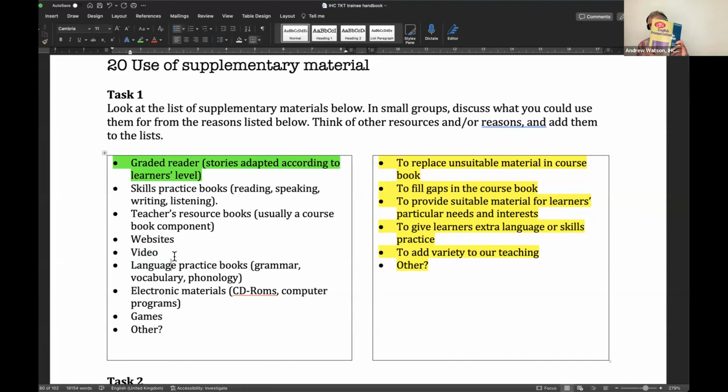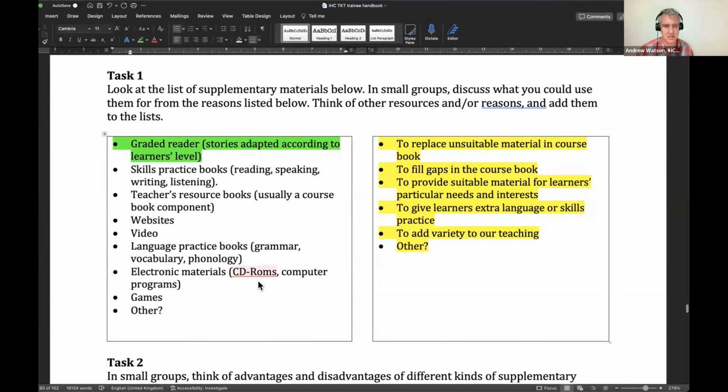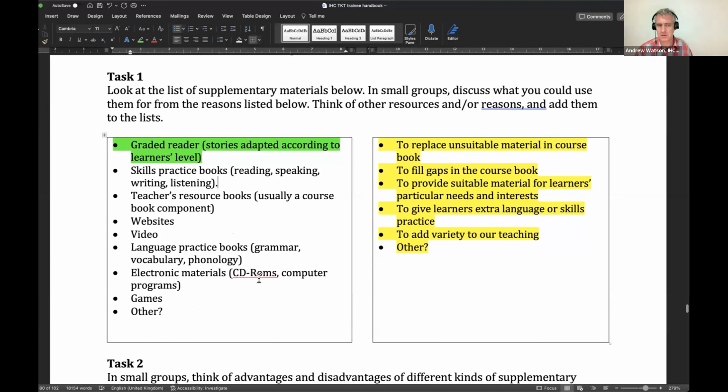There's another language practice book, English Pronunciation in Use. And then you've got electronic materials like CD-ROMs and computer programs, games and other. Okay, but what would be the reasons for using them? So I'm going to give you about 3 or 4 minutes, Paula and Christian. Unfortunately, Anna Maria has left us, to try and think about what the reasons would be for using these.